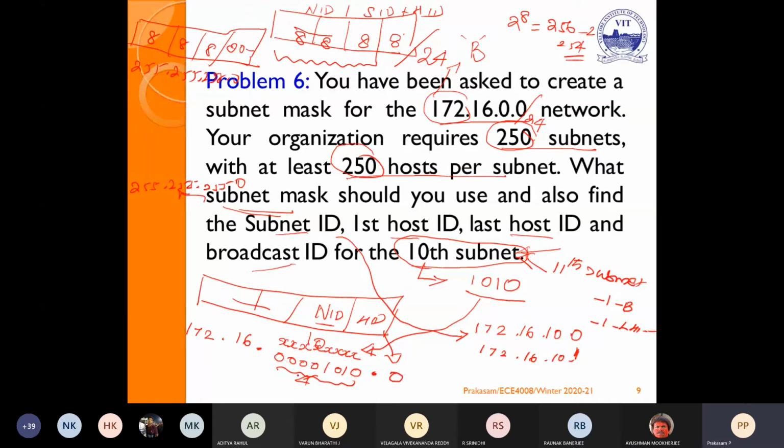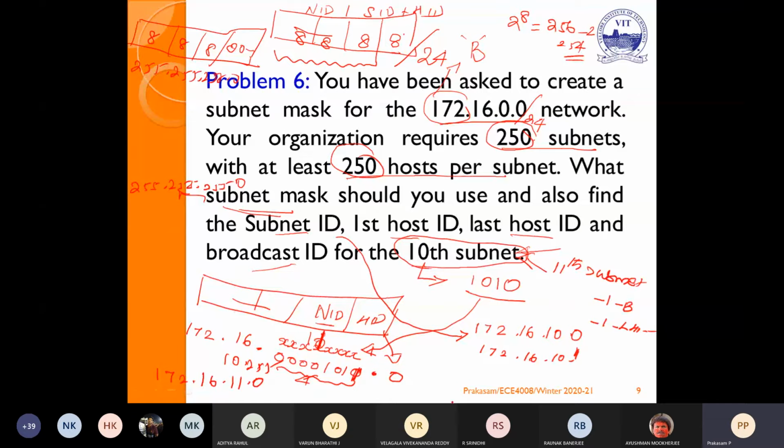Again same, the equivalent for 11 is 1011. So the 11th subnet ID is 172.16.11.0 minus 1, 10.255.